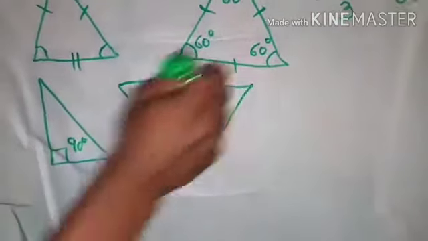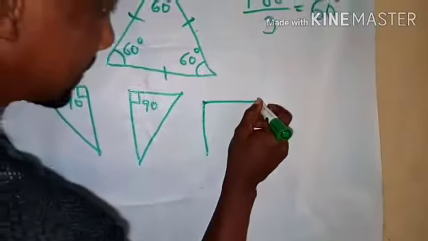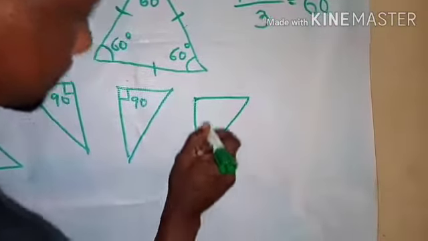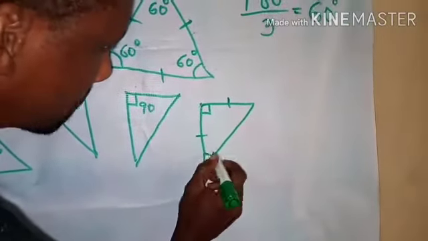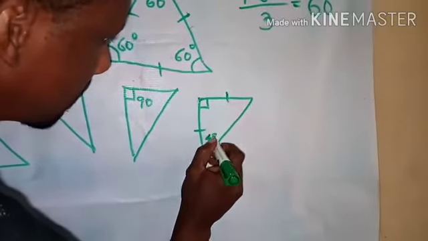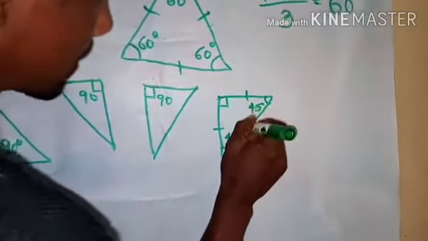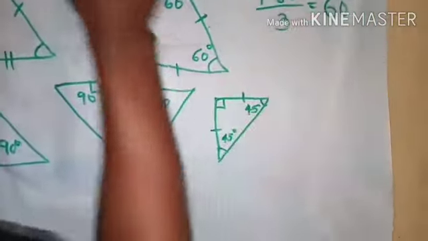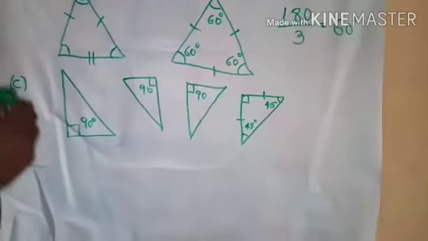We might be lucky to have a triangle that has 90 degrees and at the same time is an isosceles. So if it's like that, this angle will be 45 degrees and this angle will be 45 degrees, and when you have 45 and 45, which is 90, 90 plus 90 will give you 180. Then the next type of triangle we have is scalene.